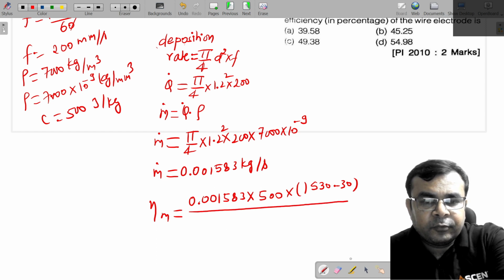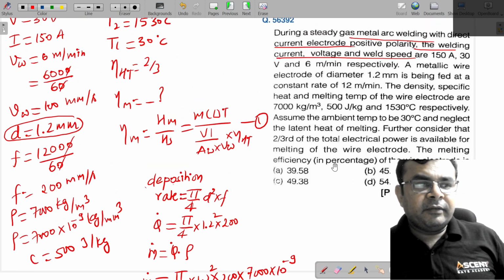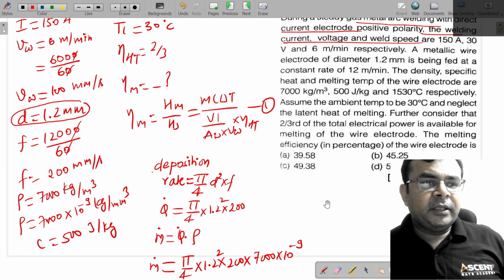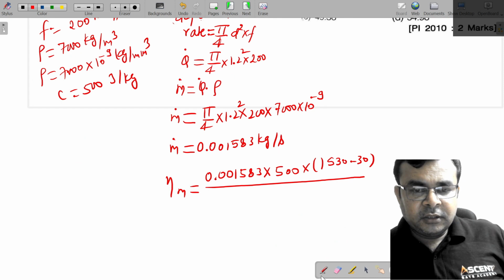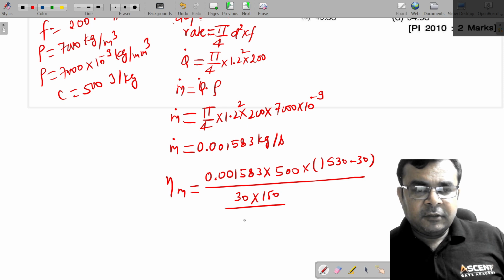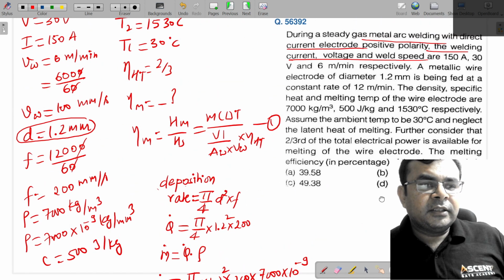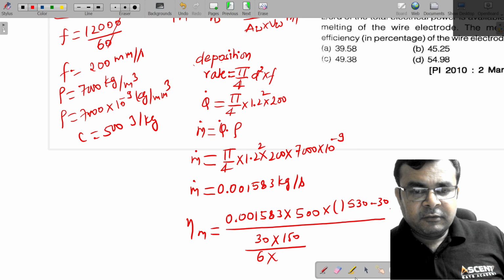Over welding current and voltage is given here, 30 into 150, and VW is given, that is 100 millimeter per second. VW is 100 millimeter per second.